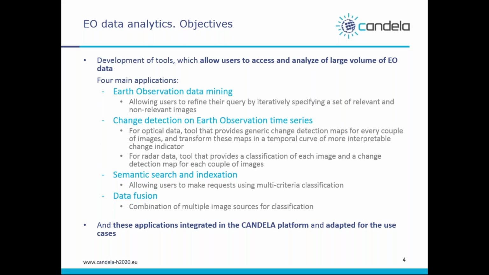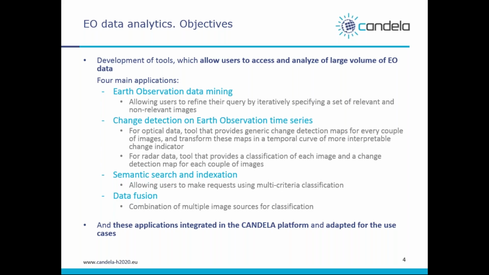Then we have specific tasks on change detection on Earth observation time series, both for optical data, an activity which is led mainly from Thales Alenia Space in France, and for radar data, an activity which is led by Thales colleagues, but this time from Italy.